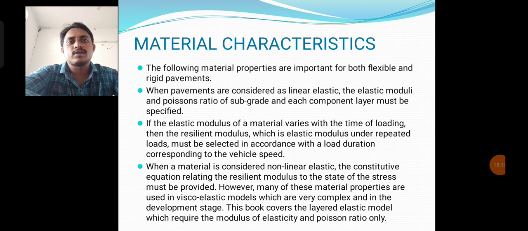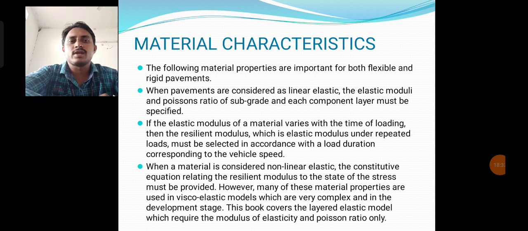If the elastic modulus of the material varies with loading time, the resilient modulus, which is the elastic modulus under repeated loads, may be selected according to the load duration corresponding to vehicle speed. So how does the elastic modulus behave in CC roads or rigid pavement?